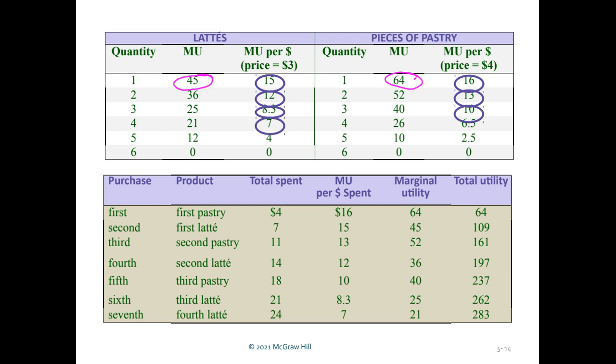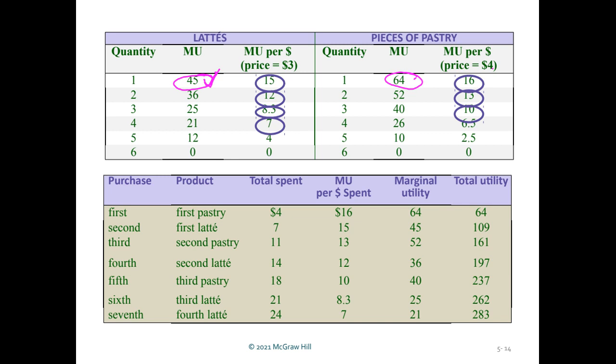You are getting this 45 when you spend only $3. And here you are getting 64 utility when you are spending $4. So why not calculate per dollar utility?